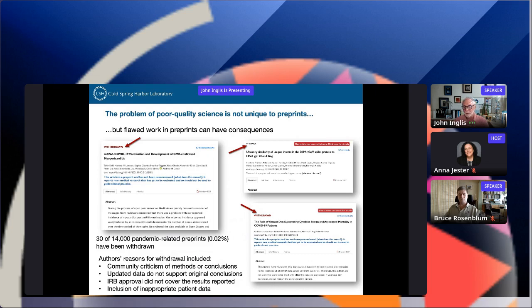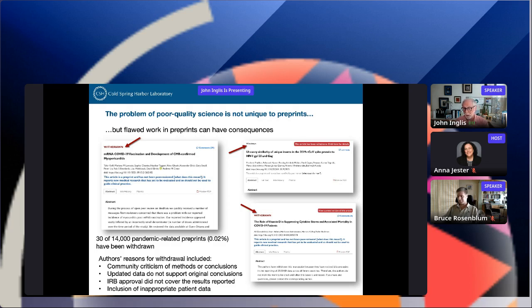On the top right, there is an article that appeared on the 31st of January, 2020, in which the authors thought they had seen a similarity in the sequence of the spike protein of the SARS-CoV-2 to HIV. This was posted on a Friday afternoon. The reaction from the research community over the weekend was so aggressive and critical that the authors withdrew the paper 2 days later. And you can see there were 127 comments posted on the site itself related to this work.